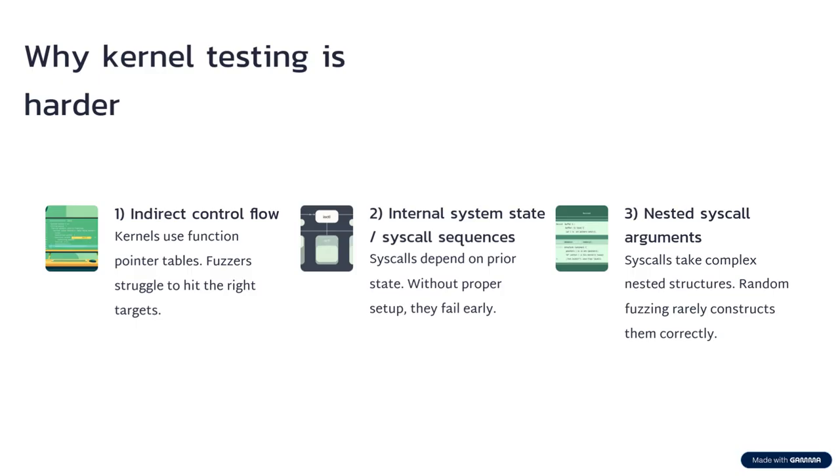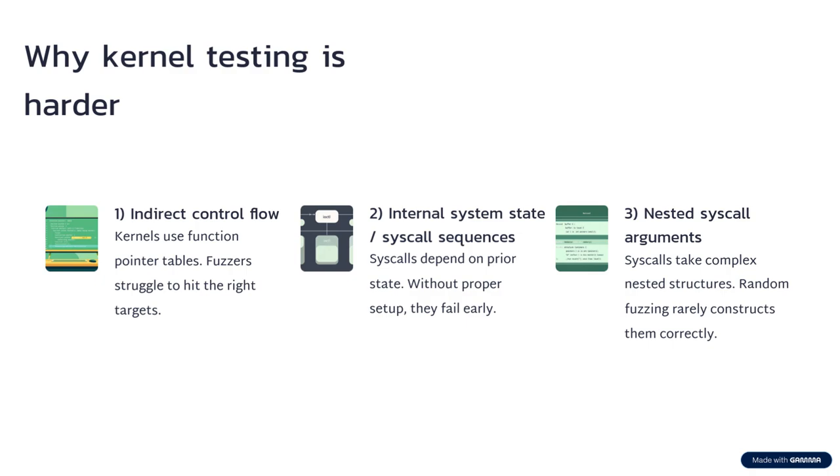So this actually makes it harder for a fuzzer to guess the exactly right index, and symbolic execution also struggles with indirect pointer dereferencing through this function table. So that is an issue that comes up.